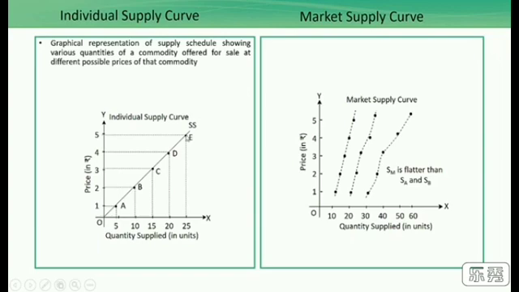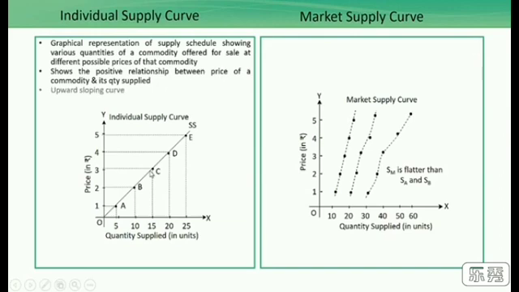You can see this SS curve is a straight line. It is an upward sloping individual supply curve that shows that as the price increases, the quantity supplied will also increase, and hence there is a positive relationship depicted through the graphical representation of the individual supply curve.